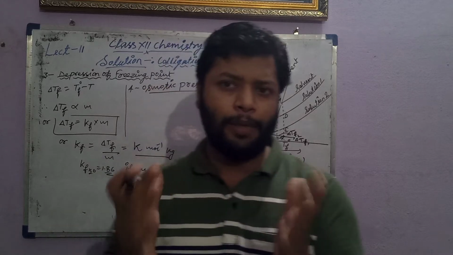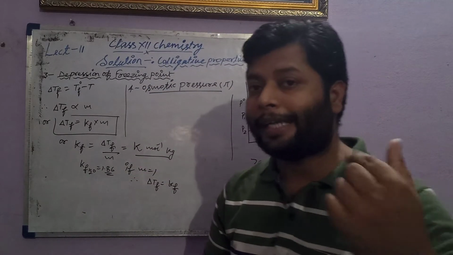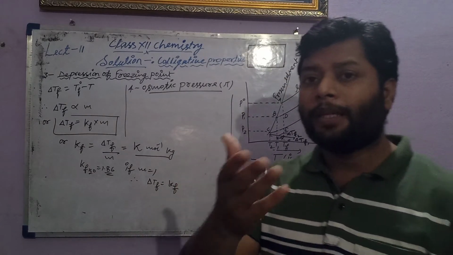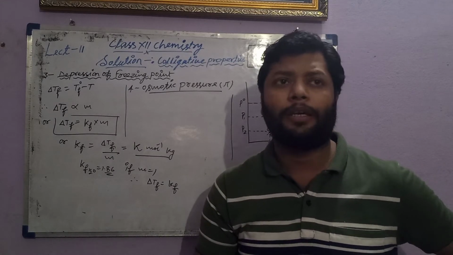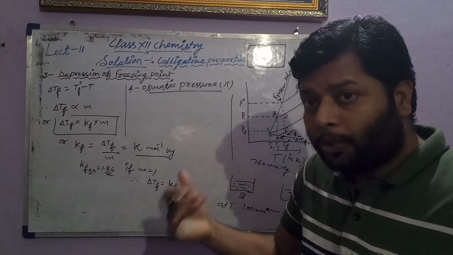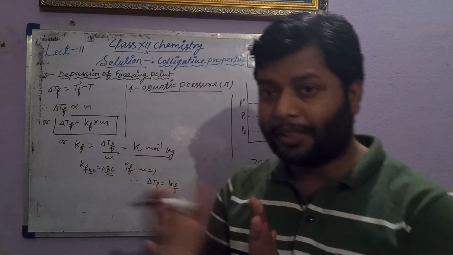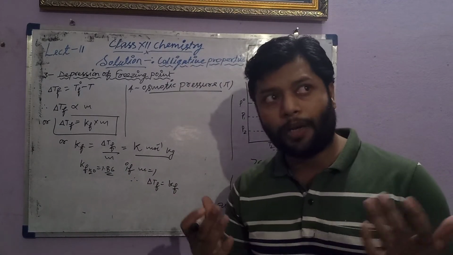The concepts are similar, but for gaseous systems we generally apply the ideal gas equation, van der Waals equation, Boyle's law, Charles's law, and Graham's diffusion law. And for osmosis we are going to study one important relationship between pressure and concentration, called the Van 't Hoff equation.